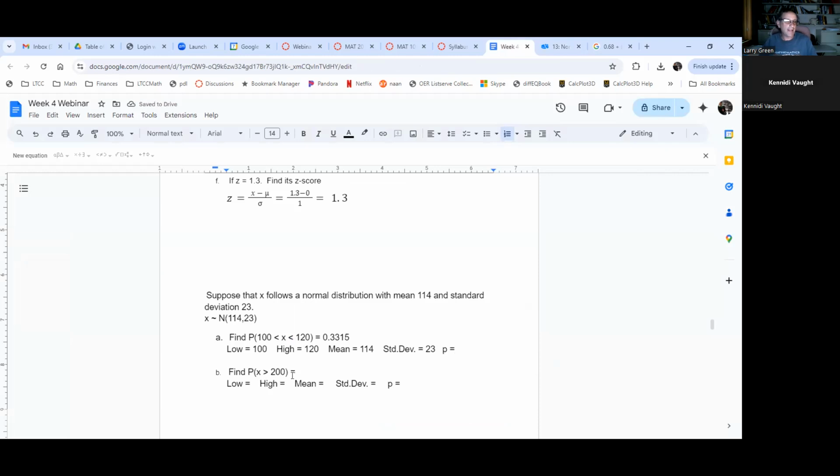Find the probability that x is greater than 200. What's the low? Not X. You want to think about what is the smallest number that's greater than 200?